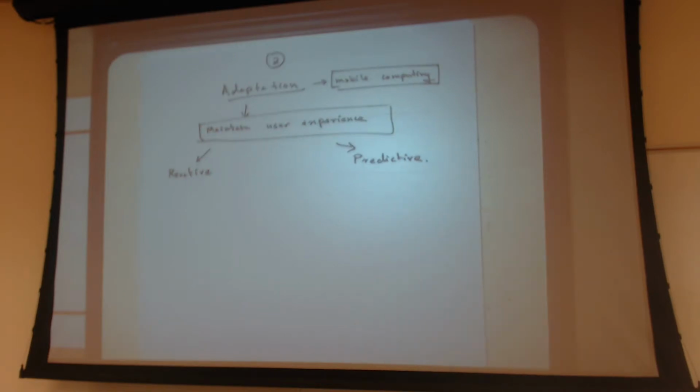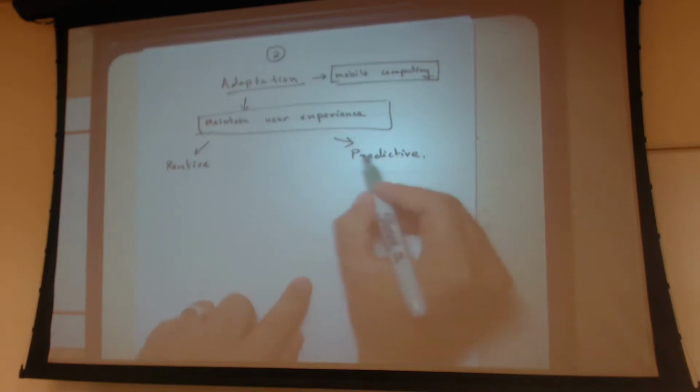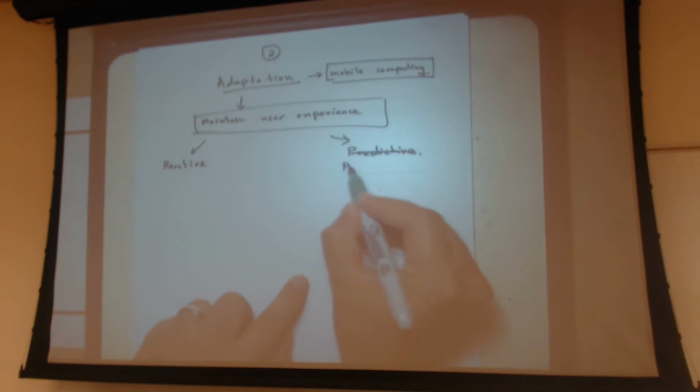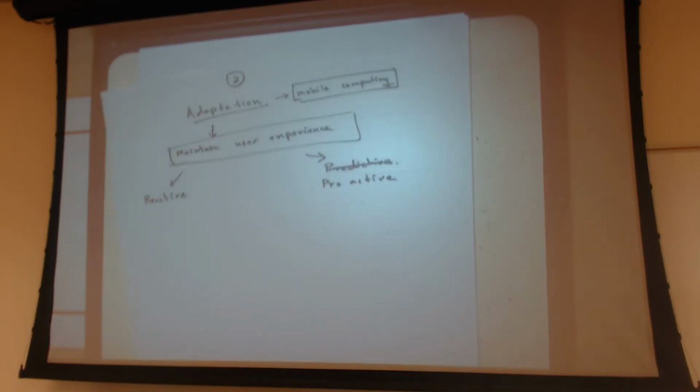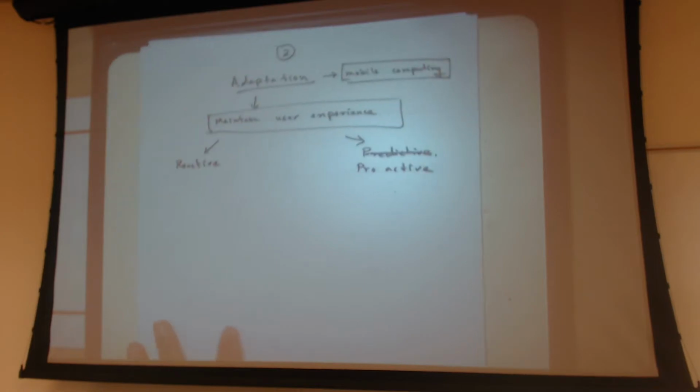So now let's focus on just mobile computing systems and let's give an example of what is a reactive adaptation and what is proactive adaptation. Sorry, not predictive. Not predictive, sorry. Proactive. What is reactive adaptation and what is proactive adaptation?